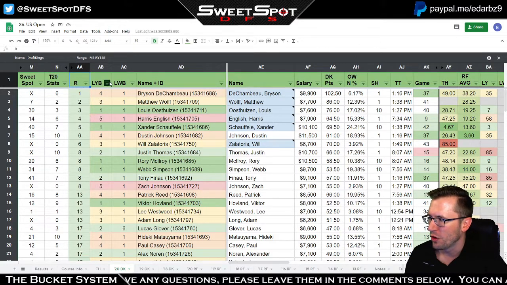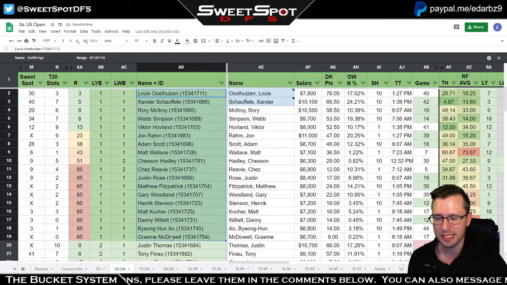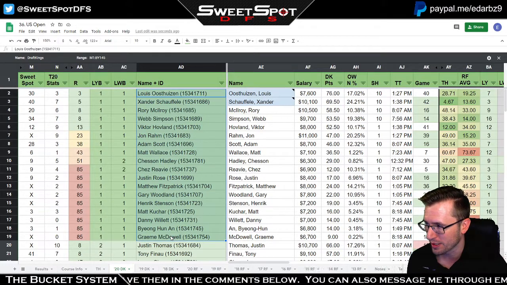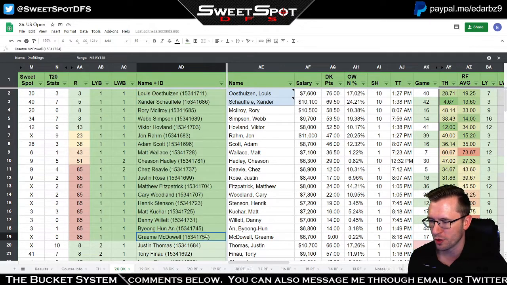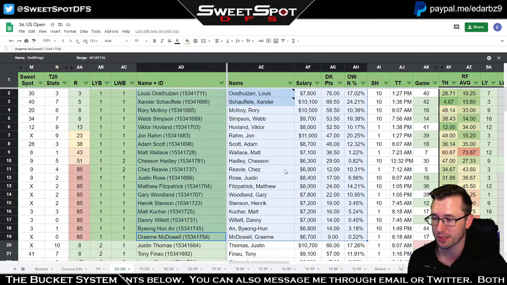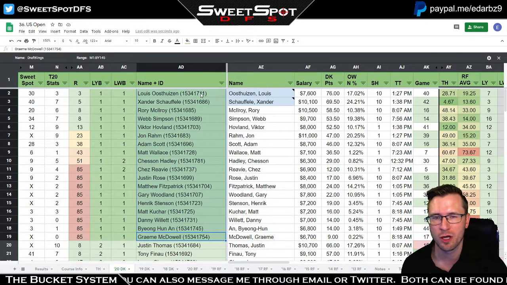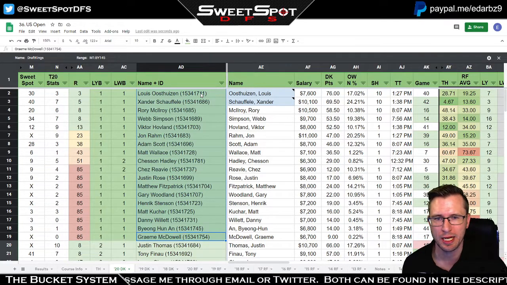But if we looked at the last year buckets, this is one bucket. These golfers are in their own bucket. It's a last year one bucket. Now, I just want to show you the notable things about putting golfers in buckets. You get to choose X amount of golfers from this bucket. That's how I portray it every single week.